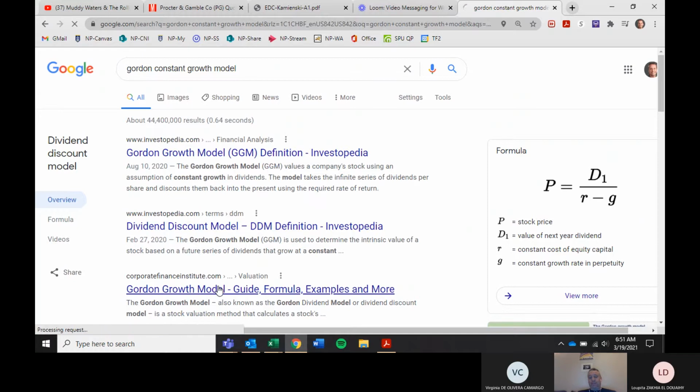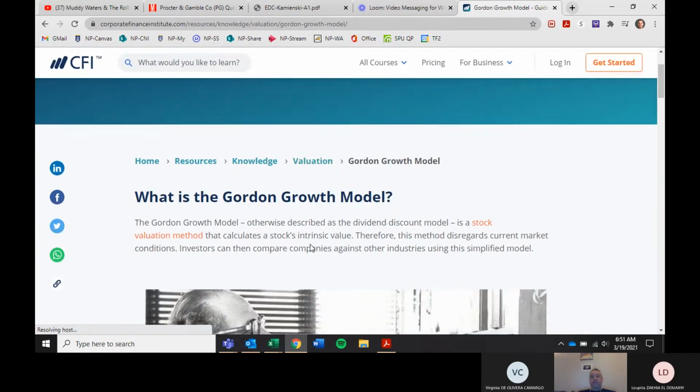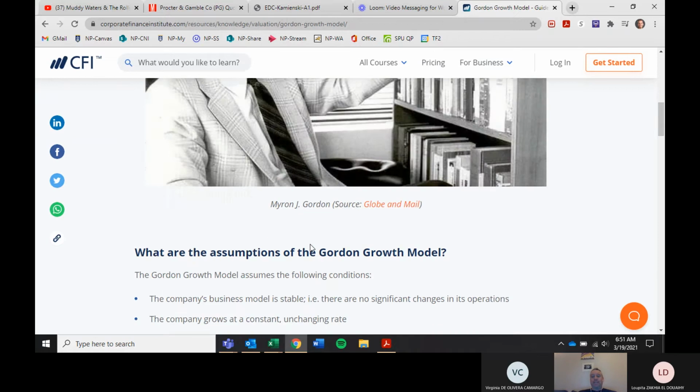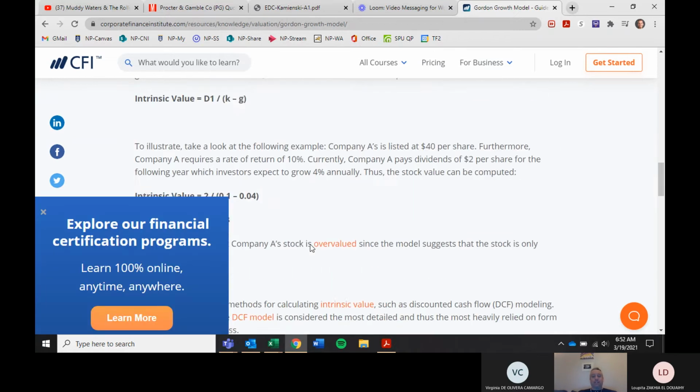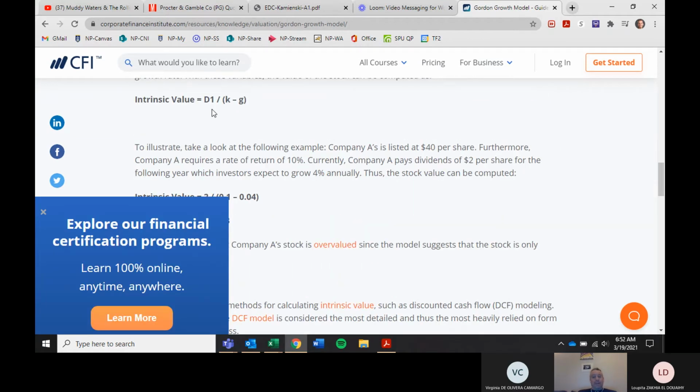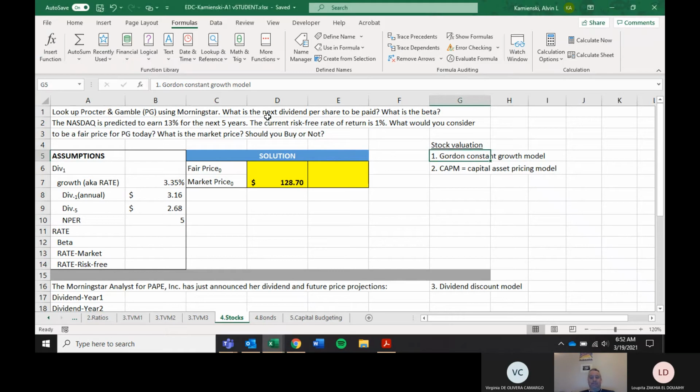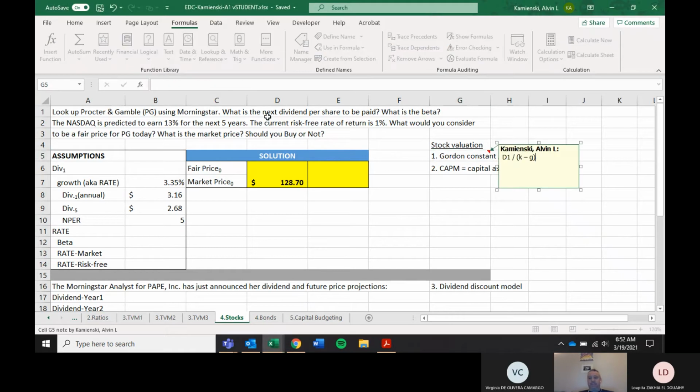I also like the Corporate Finance Institute, which does a great job of explaining the Gordon constant growth model that comes with a basic formula attached to it that says what we need to be able to predict is what we think the next dividend will be, and then divided by the rate we think it should earn us, minus the growth. So if I dump that over in here, that's going to help us get to the final outcome.